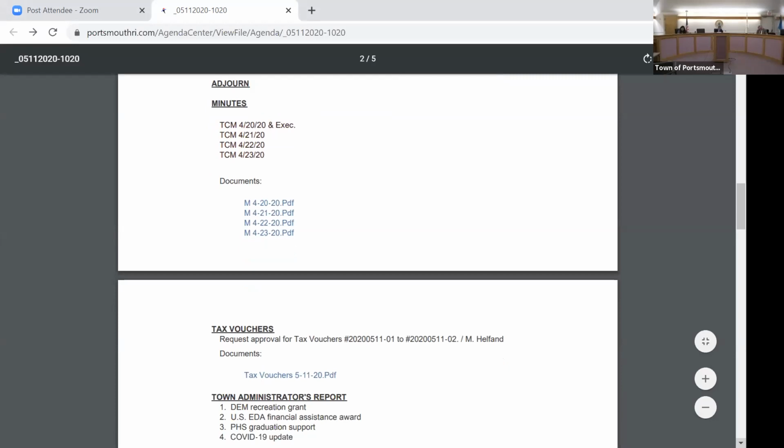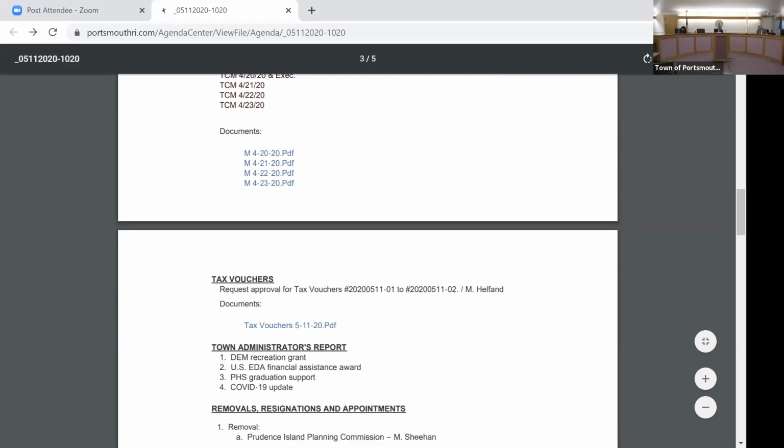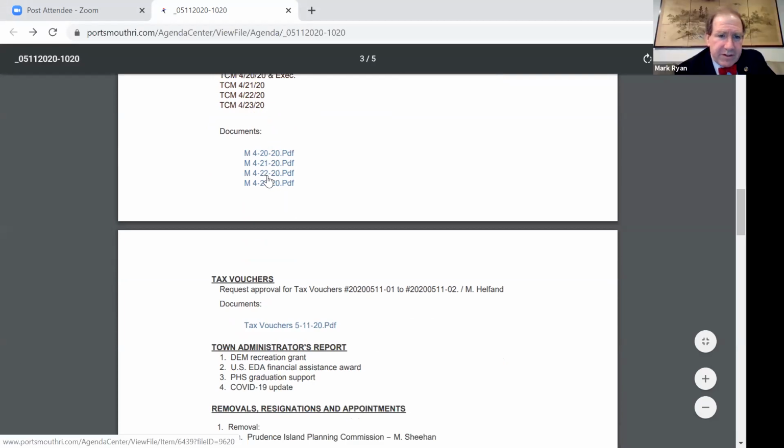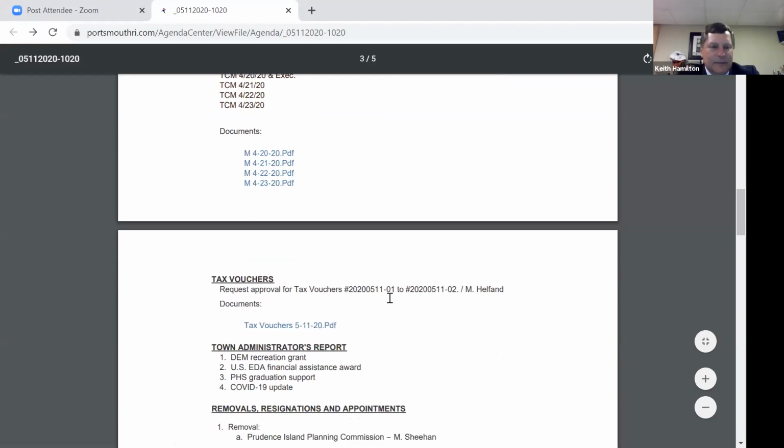Next we have minutes of our April 20th meeting, along with our executive session minutes from April 21st, April 22nd, and April 23rd. Those were our budget meetings. This is Mark Ryan. Move to approve as submitted. Keith Hamilton, second. We have a motion and a second.